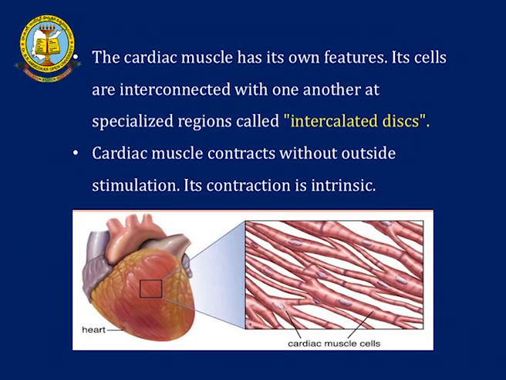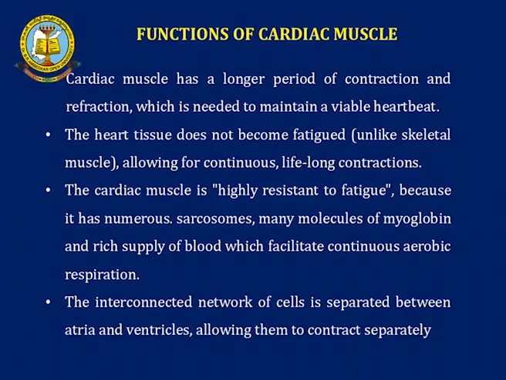Functions of the cardiac muscle. The cardiac muscle contracts and relaxes. The period of contraction is long because it needs to be continuously active. The contraction is for a longer period, and the refractory period is needed to maintain a viable heartbeat.